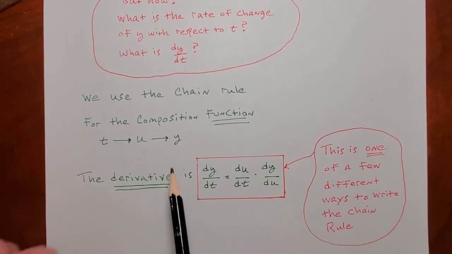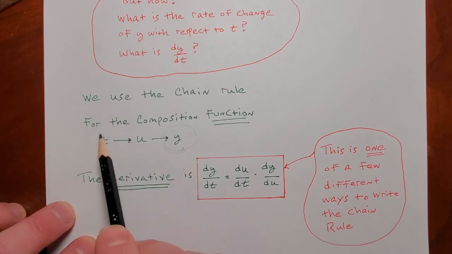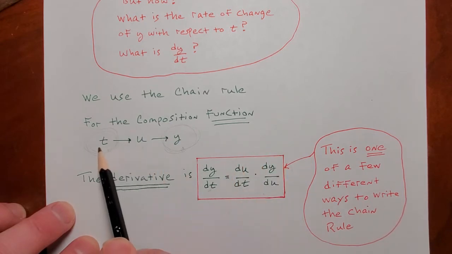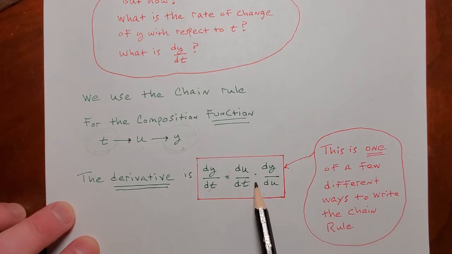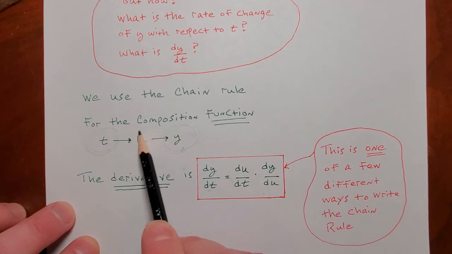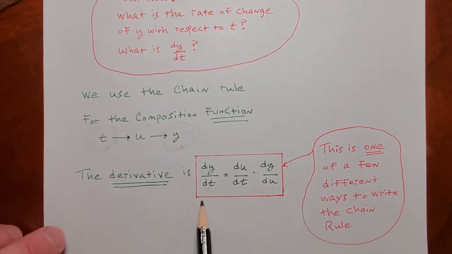We can find the rate of change of y with respect to t, that's this, by finding the rate of change of u with respect to t, that's this, and multiplying it by the rate of change of y with respect to u, that's this. So there's our derivative of y with respect to t.